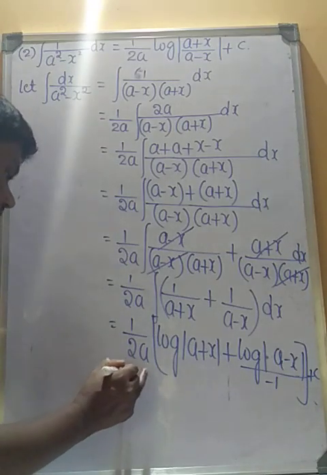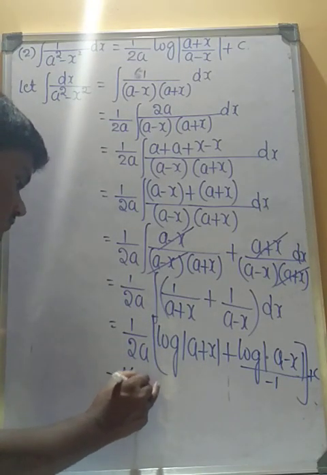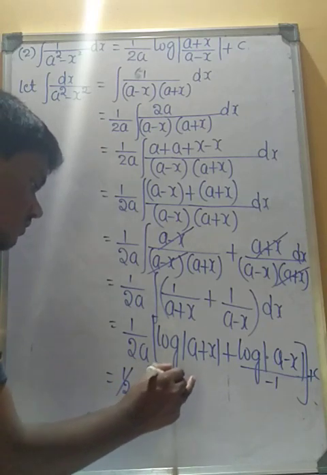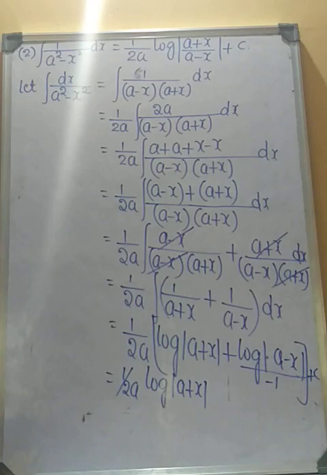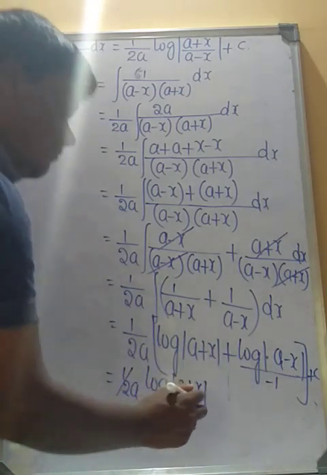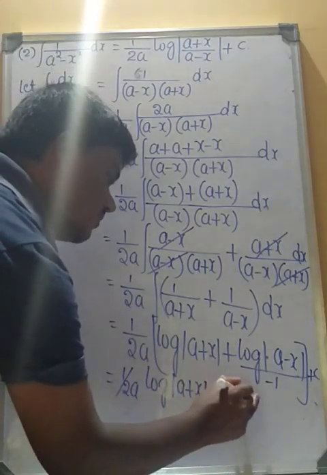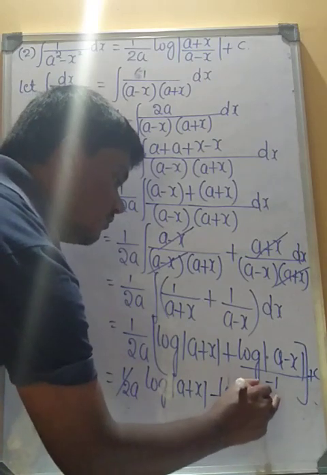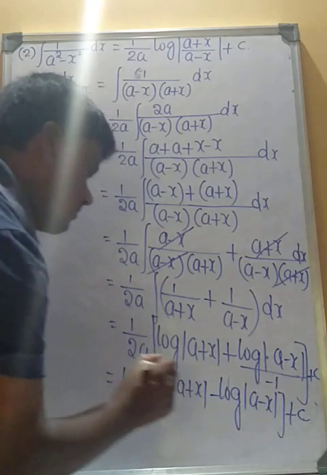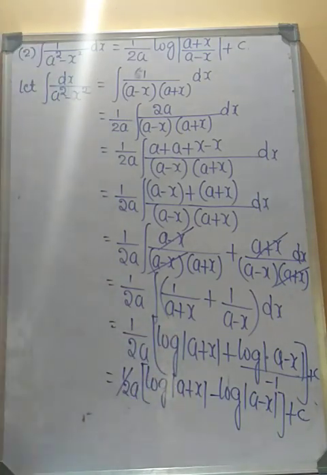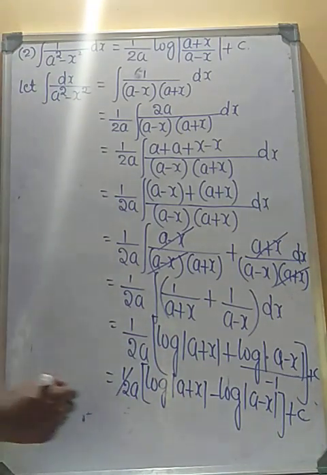That is equal to 1 by 2a into log of mod a plus x, plus divided by minus is minus log of mod a minus x, plus constant of integration c.